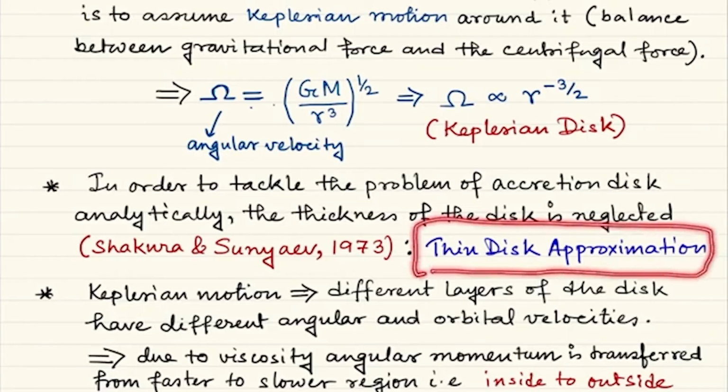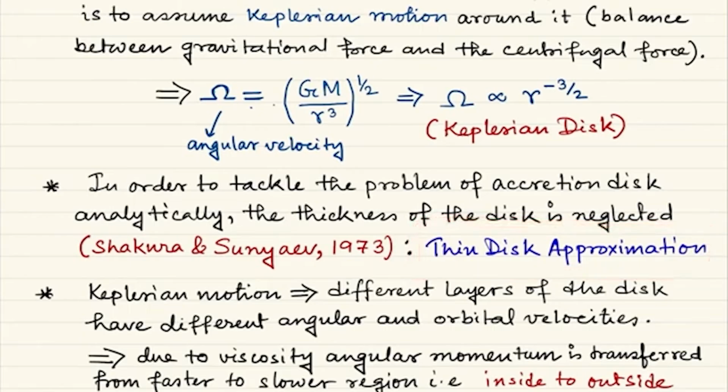This is useful especially because it makes the mathematical approach a lot easier. Okay, that was proposed by two scientists, Shakura and Sunyaev, in the year 1973. Actually, you can see their paper as well.